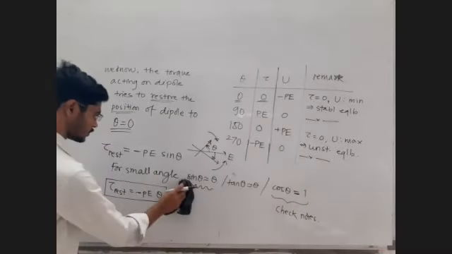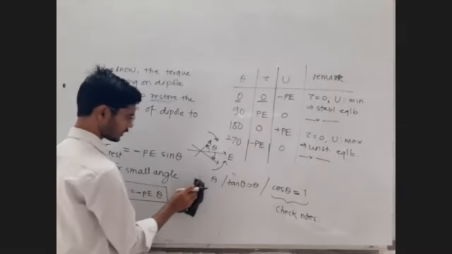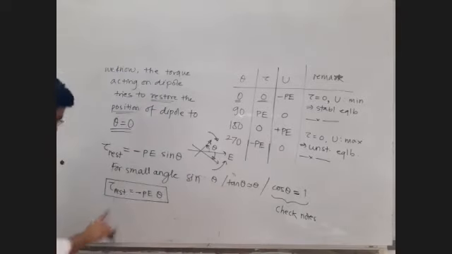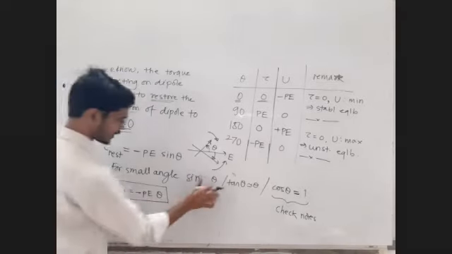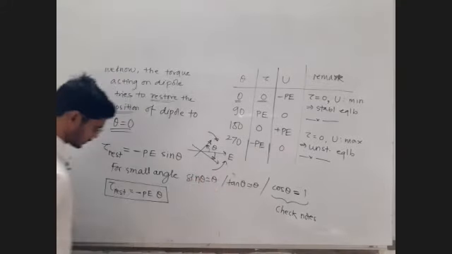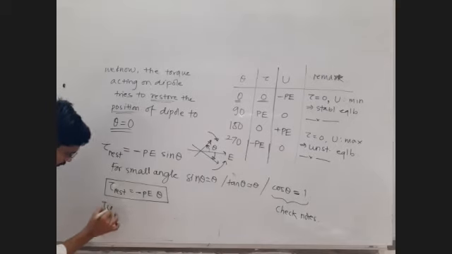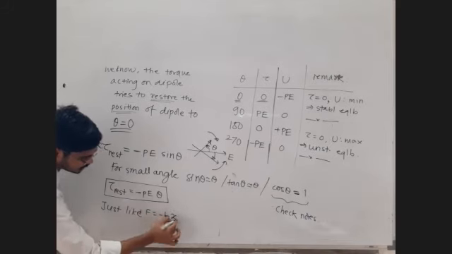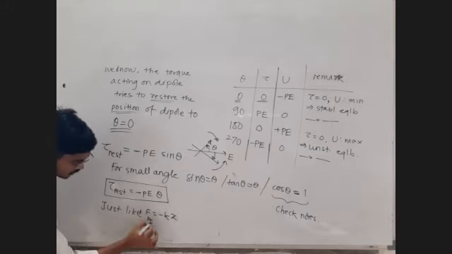Now here you can observe that just like F is equal to minus kx, you have tau is equal to minus c theta. So write down, just like F restoring is equal to minus kx, tau restoring is equal to minus c theta.